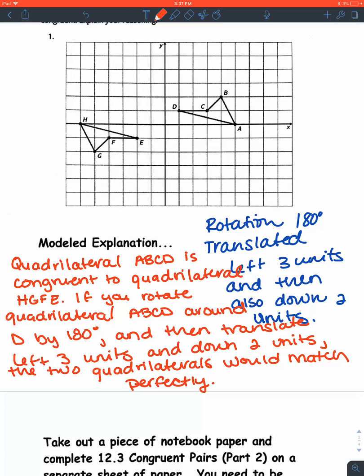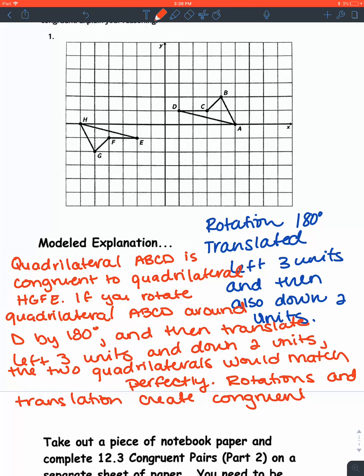I could even add that in here. Rotations and translations create, hopefully you're finishing this sentence for me, congruent figures through rigid transformations.